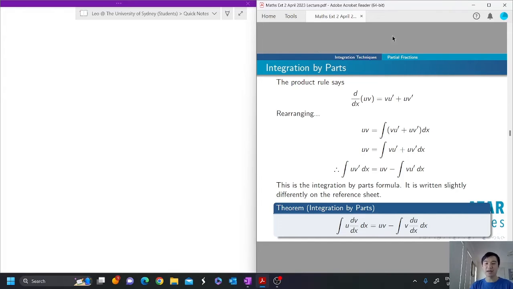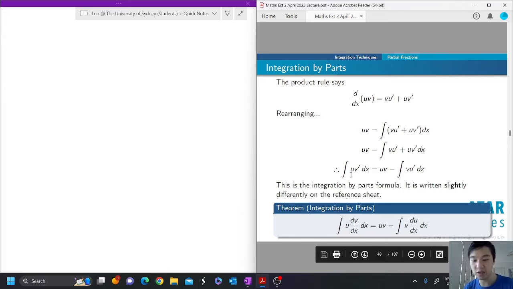So we know that when we differentiate uv, we get u dash v plus uv dash. So basically what you can do is rearrange it so that you can get a new result, which is the integration by parts.